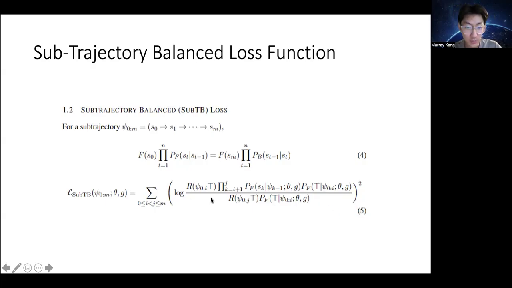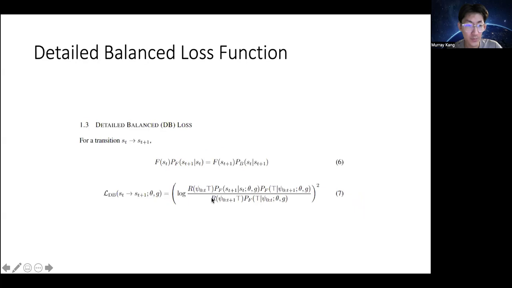Yeah. And here is the detailed balance loss function. So here we only consider a transition rather than a trajectory level. So the same as before, the previous state's flow times PF should be the flow from the next state times the PB.